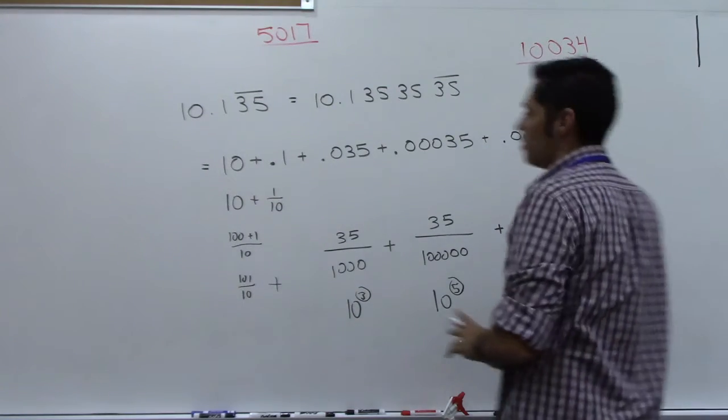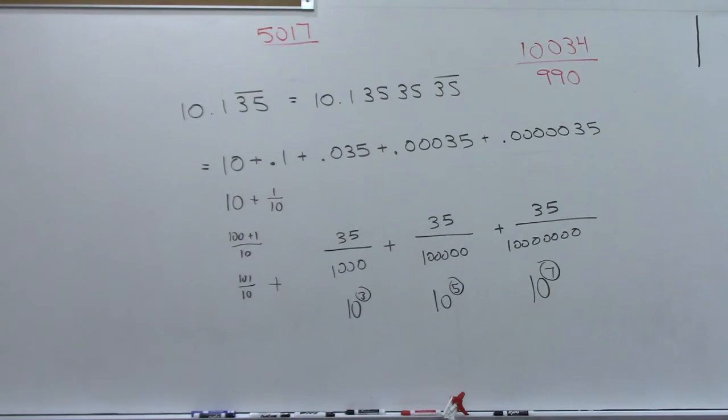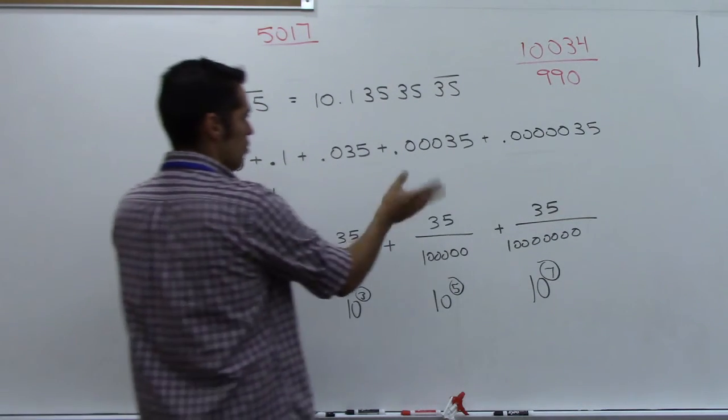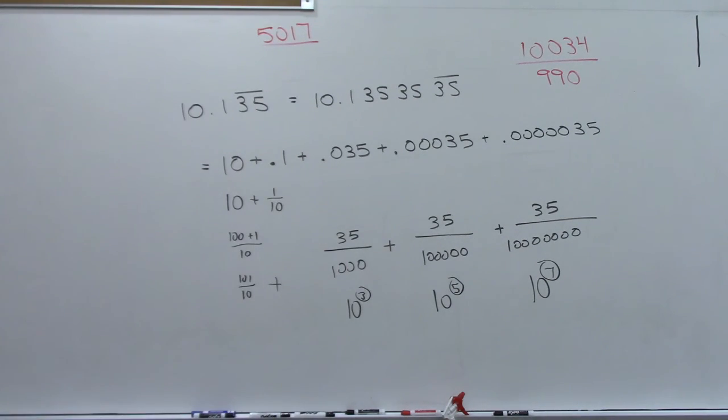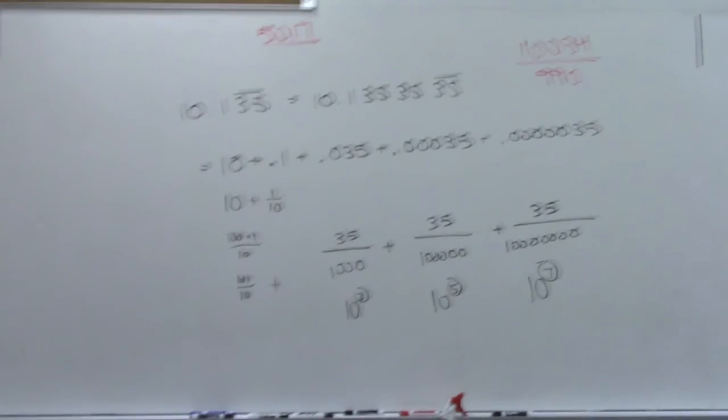And then you can reduce it. You can divide everything, reduce that out. Let me just double check it. 10,034 divided by 990. Yeah. That's what you should get when you do all of this work. All right. That is it for that section.